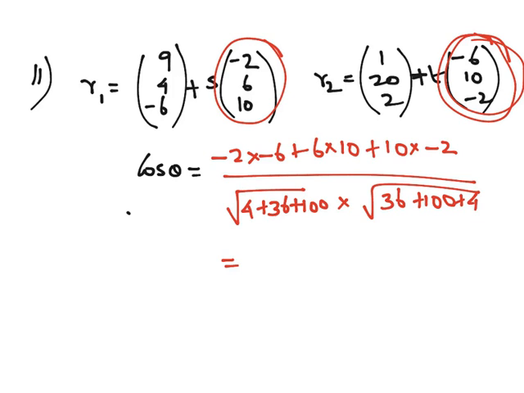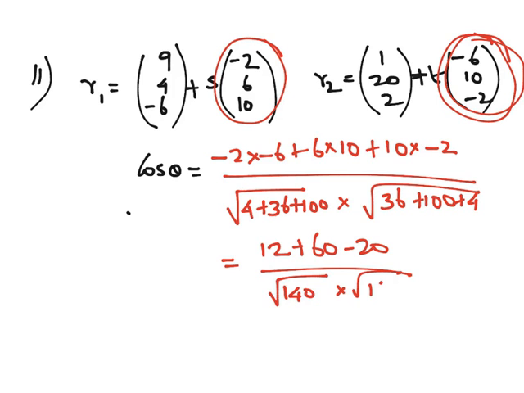That is 12 plus 60 minus 20 over square root of 140 multiplied with square root of 140, which is 52 divided by 140. Hence proved.